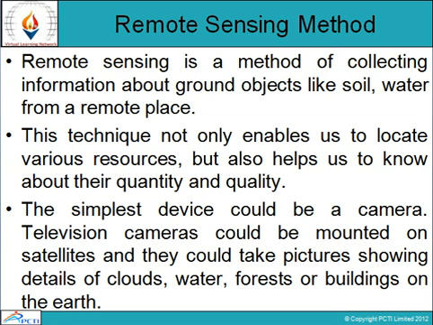And the simplest device that could be used, that is a camera, television camera, that could be mounted on satellites, and they could take pictures showing details of clouds, water, forest, buildings on the earth.